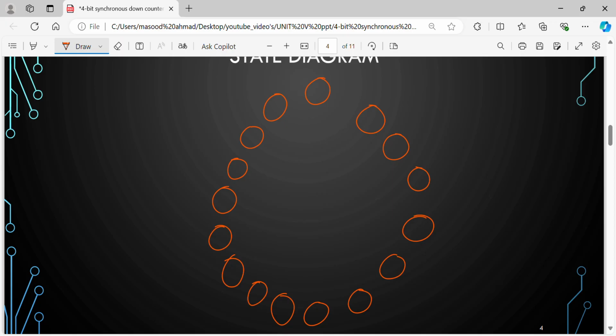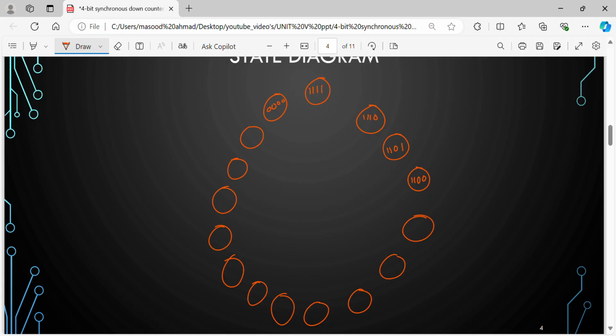So if I do this, then for 1111, the next state is 1110. For this, here it will be 0000. So one down than this is 14. So 1101, 1100. Likewise, we need to go and decrease it.